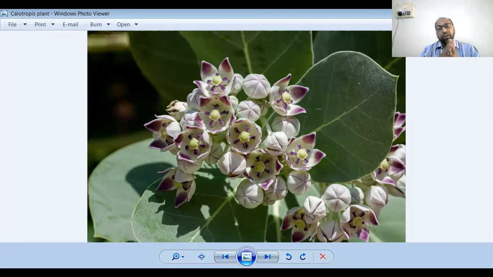After that we are supposed to discuss the economic importance. Then we'll discuss the classification mechanism. In today's lecture, we will discuss just its vegetative characters, then in the second part the floral characters, and then economic importance and classification mechanisms.